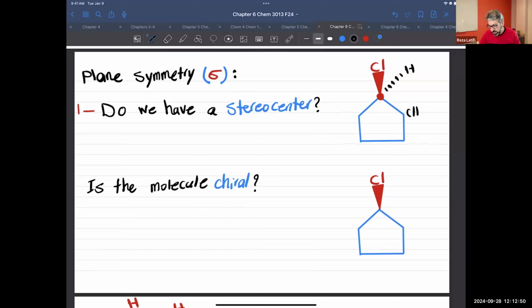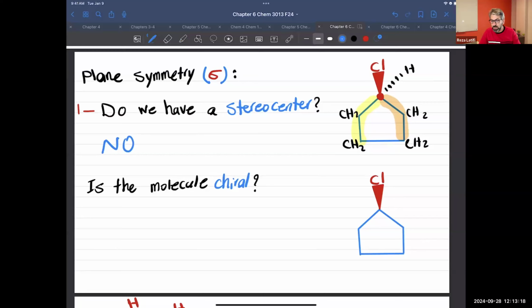We have CH2 on the left and CH2 on the right side, and again CH2, CH2. So this carbon has the same substituent on both sides, and because those two substituents are identical, I'm going to say no, we don't have a stereocenter. So the answer for the first question is going to be no.